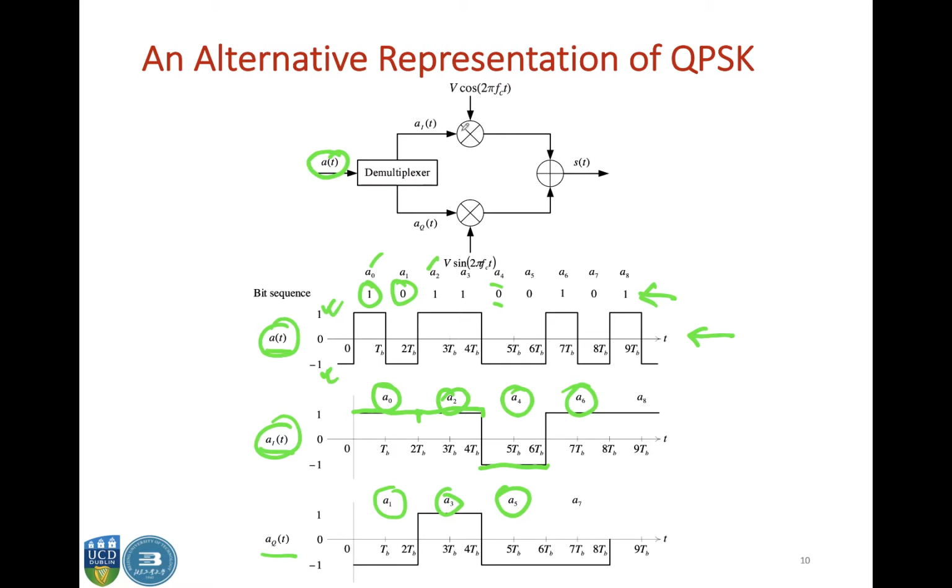So you have 2 separate tributaries of the original signal, and then you modulate aI(t) with the cosine function, and you modulate aQ(t) with the sine function, and then combine them together to get s(t). This s(t) is your QPSK signal.